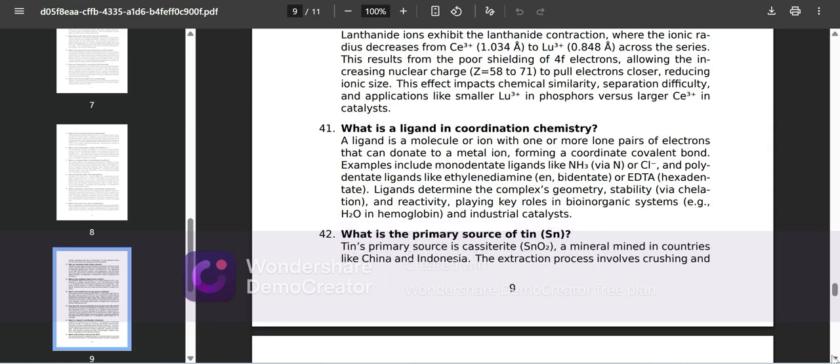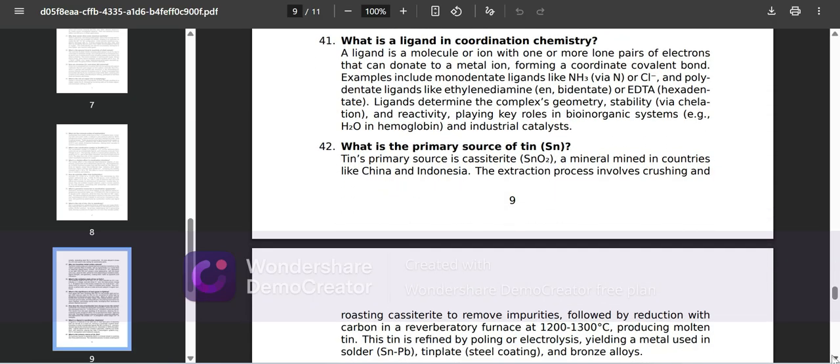What is a ligand in coordination chemistry? A ligand is a molecule or ion with one or more lone pairs of electrons that can donate to a metal ion, forming a coordinate covalent bond.